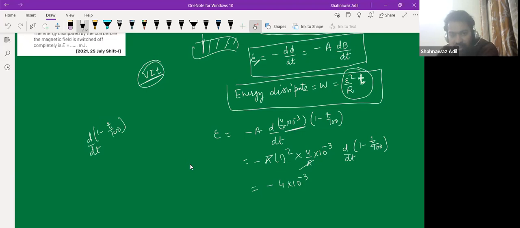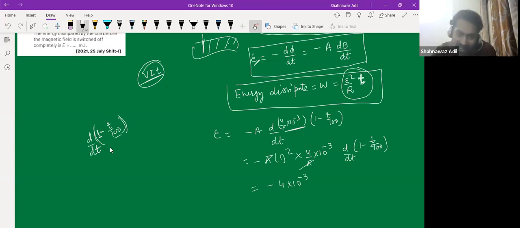There is no log here, it will be just 1 by 100, there is no 1 by t. The differentiation of t by 100 is not t square by 200 here, we are just differentiating t by 100.